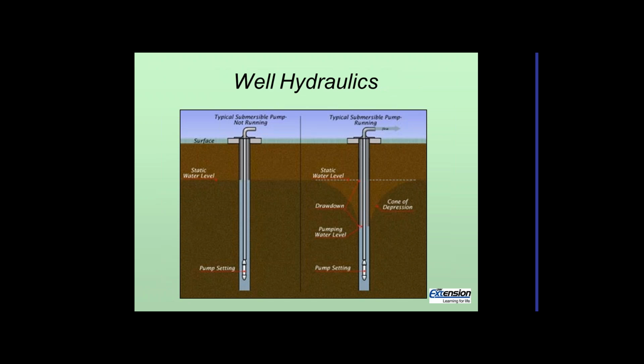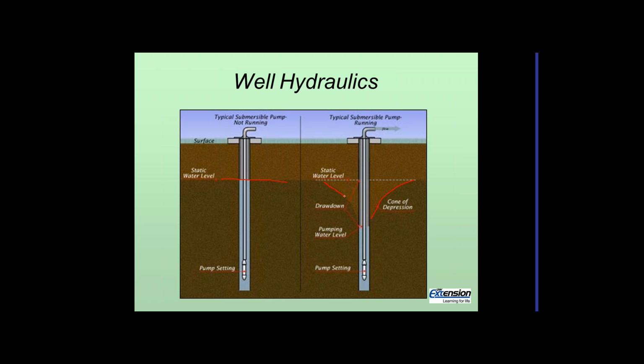So, a little bit of well hydraulics. When the water is not being pumped, we've got what we call a static water level at some point. Once the well starts pumping, we get what we call a cone of depression.